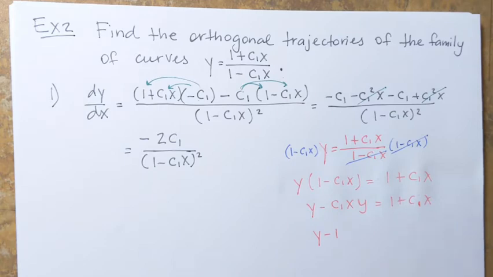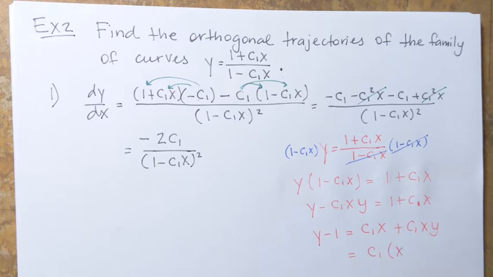So I'm going to have y minus 1 on the left. I'm subtracting 1, right? And then I'm adding c1xy. So I have c1x, that's what I have here on the right, plus c1xy. Once you collect all terms involving the variable that you want to get by itself on one side, you can simply factor it out.